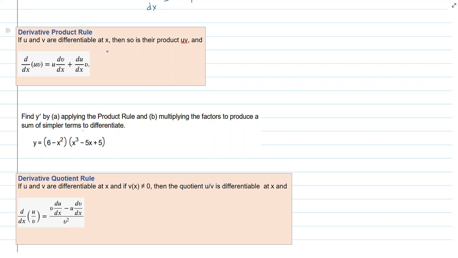We're saying the u term times the d dx of the v term plus the du dx of the first term times the second term. First, and I do it wrong, so the derivative of the second times the first plus the derivative of the first times the second. Comfortable with that?